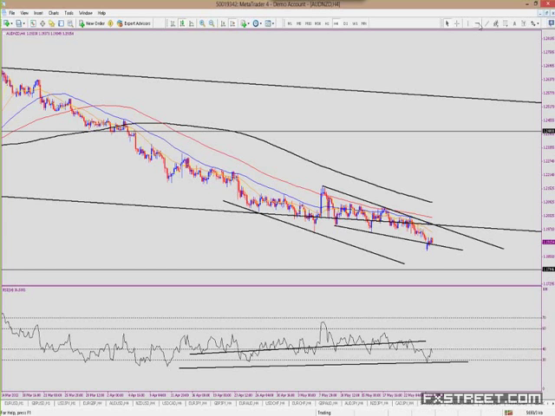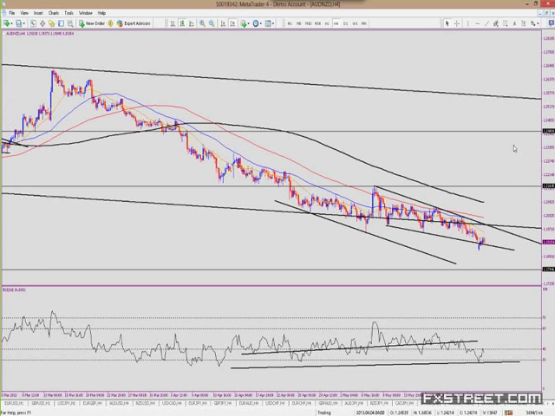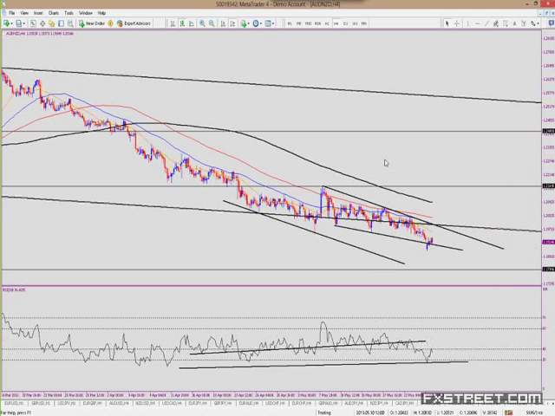I think if the market breaks above this high here, that's the origin of the wedge, and you see this high matches some of these lows, that's the next key pivot to break. And above that, we could come up to the next pivot, wherever that is. Okay. Alright, so that is the Aussie Kiwi.